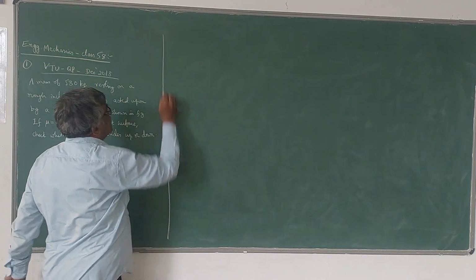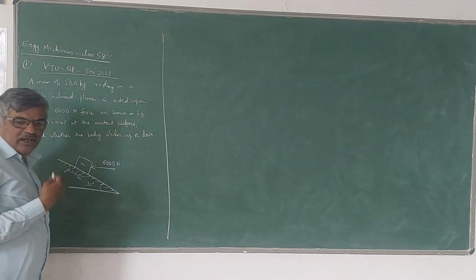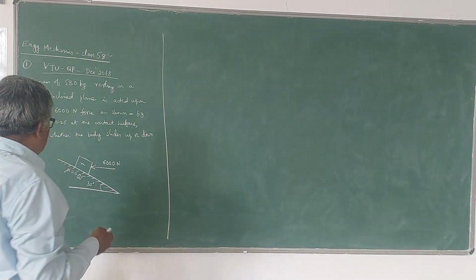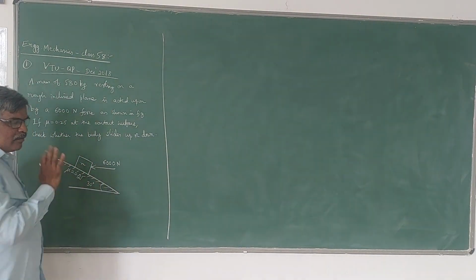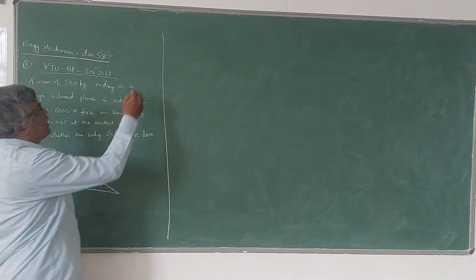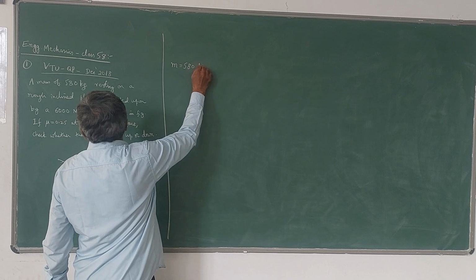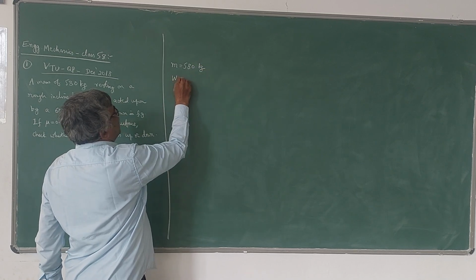So this is an analysis type of problem wherein all the data are given. We have to check the stability of the body now. He has given the mass of the block as 580 kg. You can find out the weight.